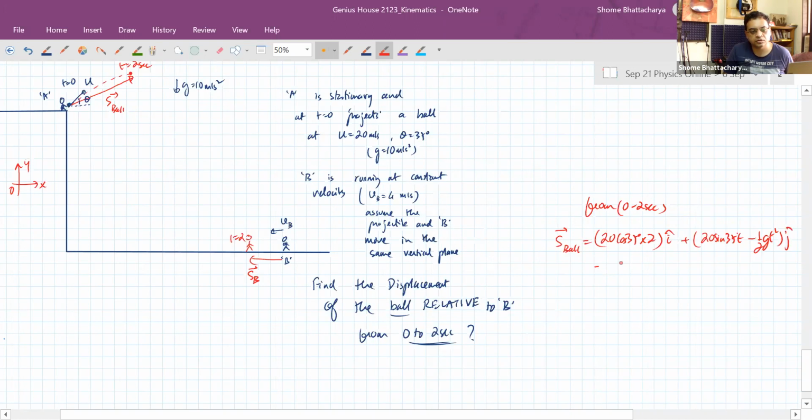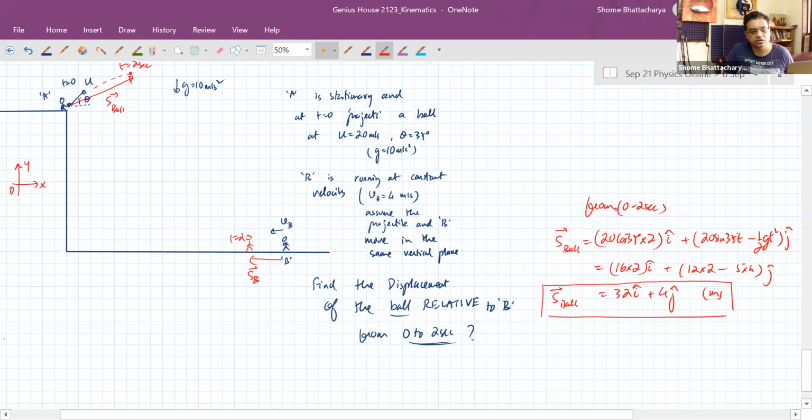So that would become 16 into 2 i cap plus 12 into 2 minus 5 into 4 j cap. So 32 i cap plus 4 j cap in meters. This would be the displacement of the ball in the ground frame. Just verify my calculation once.